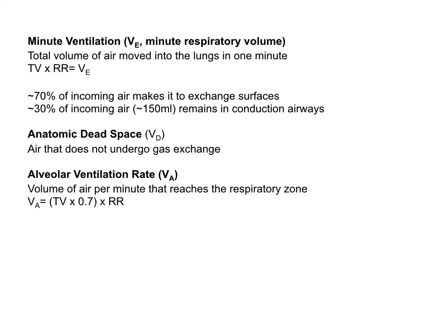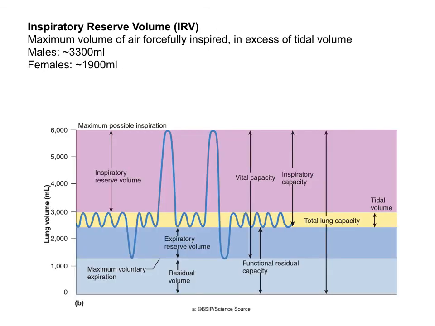So, keeping that in mind, we're going to talk about your inspiratory reserve volume first. Inspiratory reserve volume is abbreviated IRV. This is the maximum volume of air you can forcefully inhale in addition to your tidal volume. Tidal volume will always move. Tidal volume will move with quiet respiration, and tidal volume will move with forceful respiration.